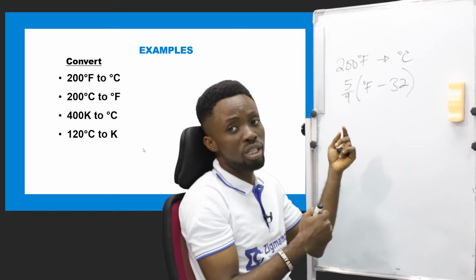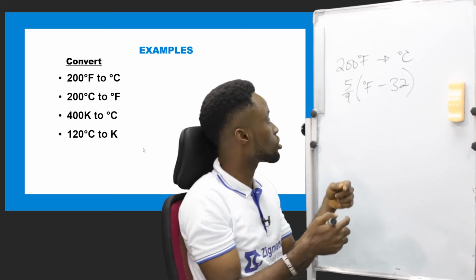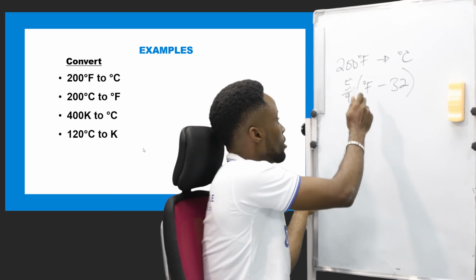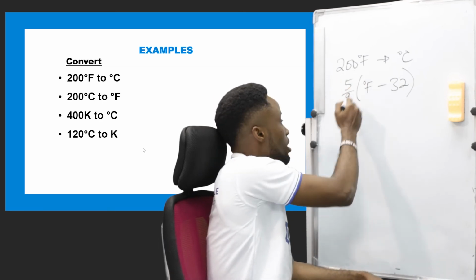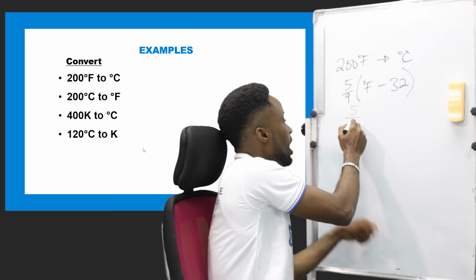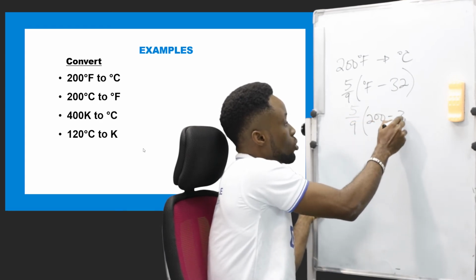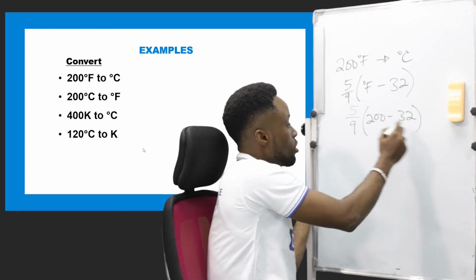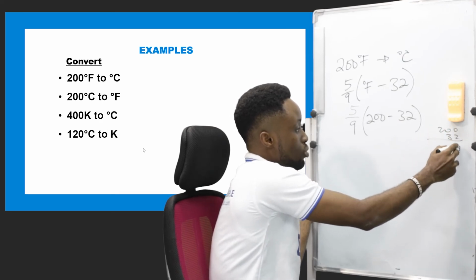This is the formula we use whenever we are converting from Fahrenheit to Celsius. Now, what is the value of degree F? 200. So we simply put in that value right here. So it will be 5/9 times 200 minus 32.